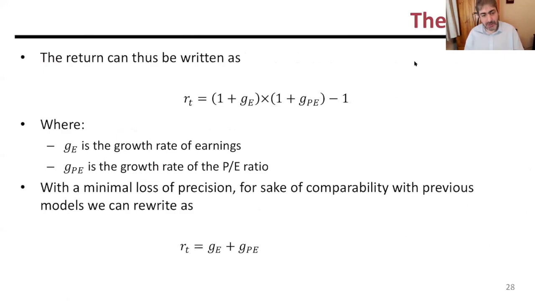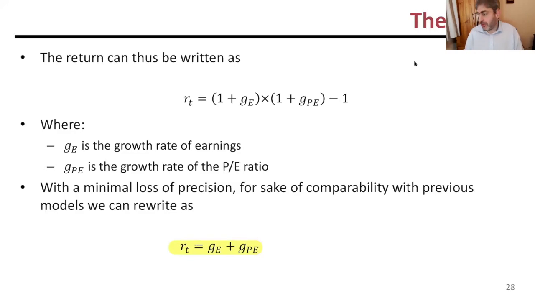Sometimes you will find the same formula expressed in a less precise way, but this is the correct one. So the return of a company is 1 plus the growth rate of earnings times 1 plus the growth rate of price-earnings, minus 1.